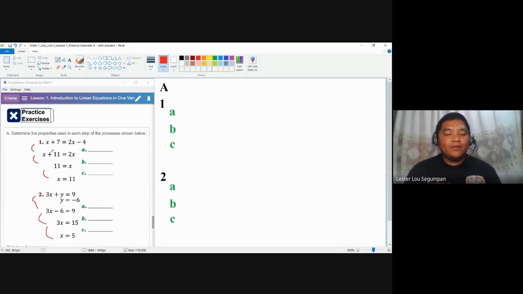Number 1, from the given equation x plus 7 equals 2x plus 4, there is a property that was applied to reach x plus 11 equals 2x. What happened here? The difference between the first two steps is the absence of negative 4, or minus 4, and the observable increase of 7 to 11.